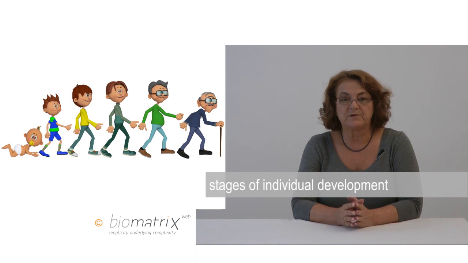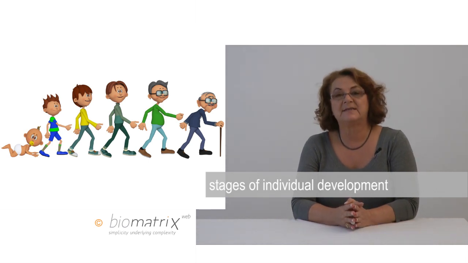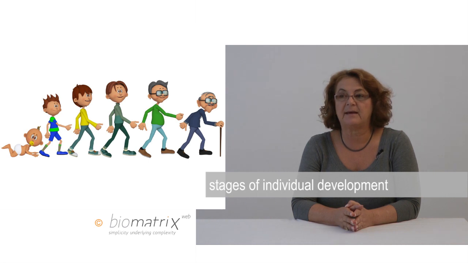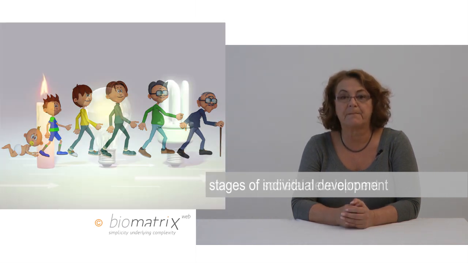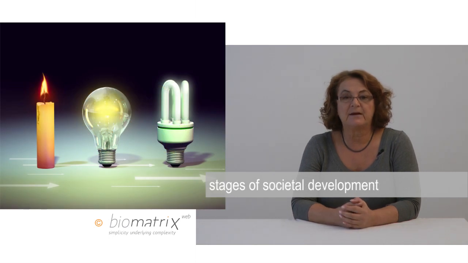The naming of those stages depends on the kind of characteristic one looks at, and one can identify more or fewer stages, and they are typically related to the characteristics one is looking for. In societal development, we conventionally talk about the hunting and gathering stage, the agrarian stage, the industrial stage, and now we live in the information stage of societal development.